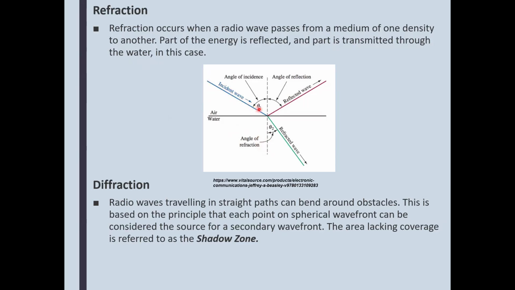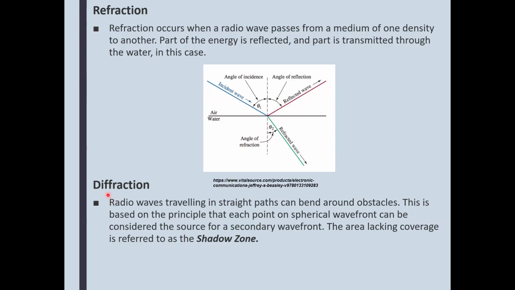So this would be bounced off, reflected energy, and this energy here punches through the surface and continues, but at a slightly different angle because of different densities of the air and the water. So this is refraction as opposed to reflection.